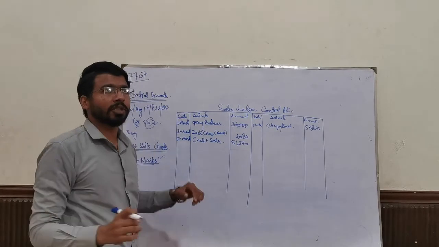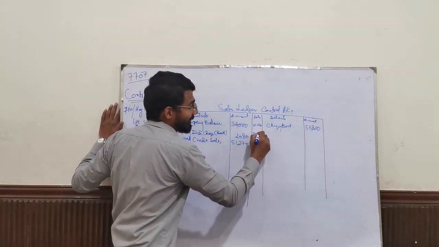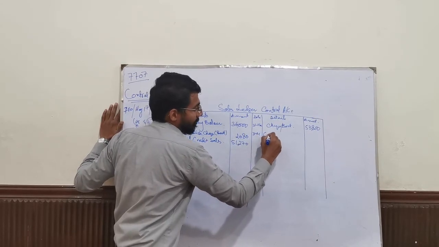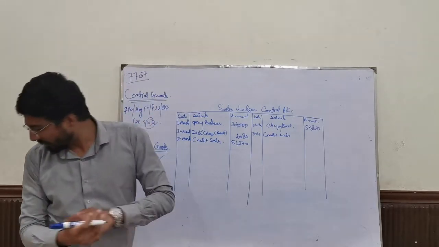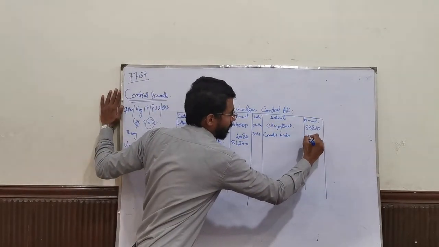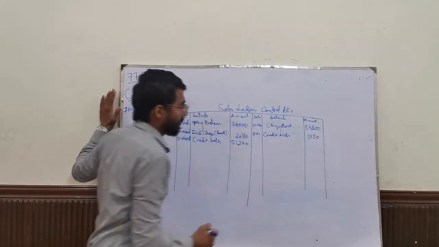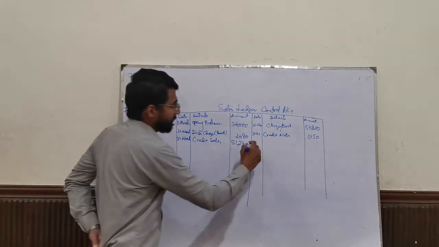Next is credit notes issued to the customers. They are basically the credit sales returns. The amount of credit notes is 1,750. After this we have discount allowed of 950.